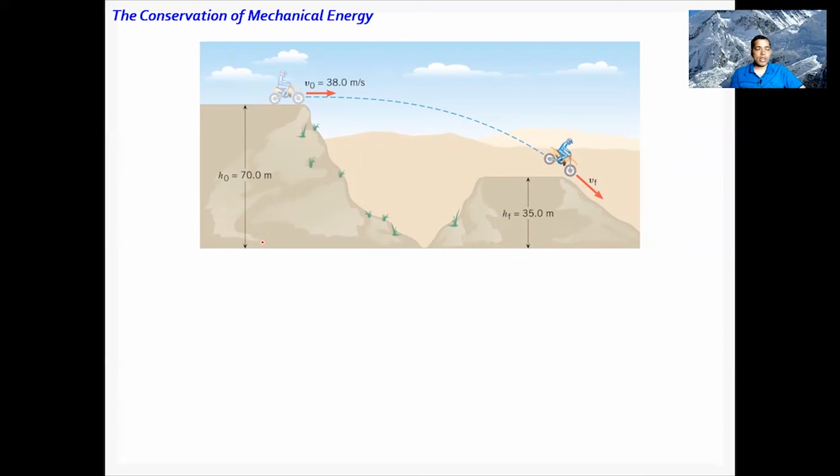From the previous slide, let me rewrite this: ghf plus 1 over 2 vf squared equals gh0 plus 1 over 2 v0 squared. Okay. So what is your vf? Subtract ghf from both sides. What do you get?